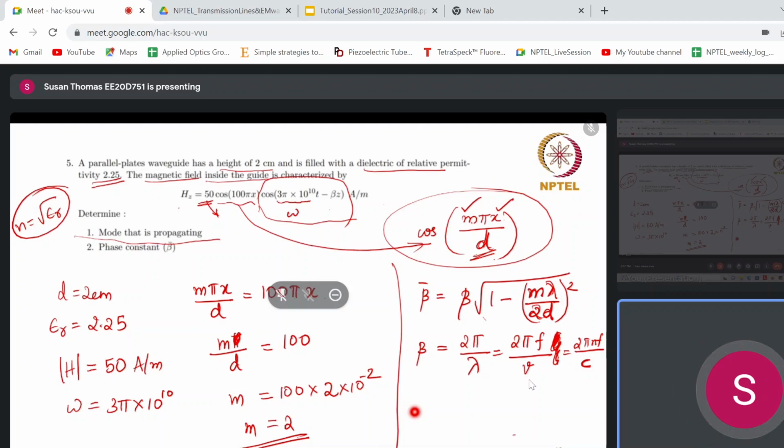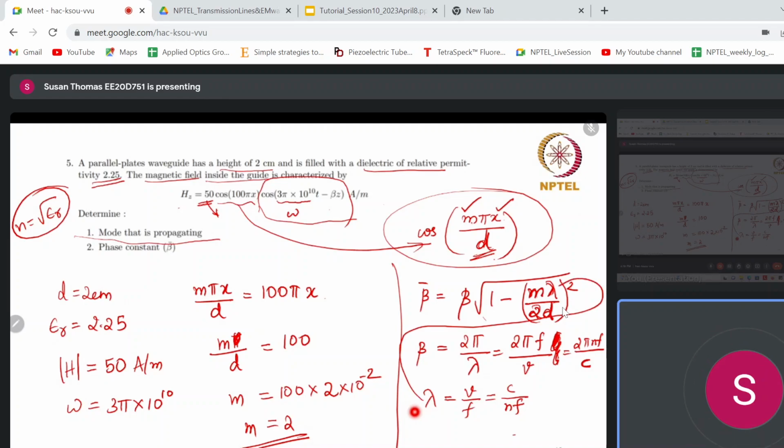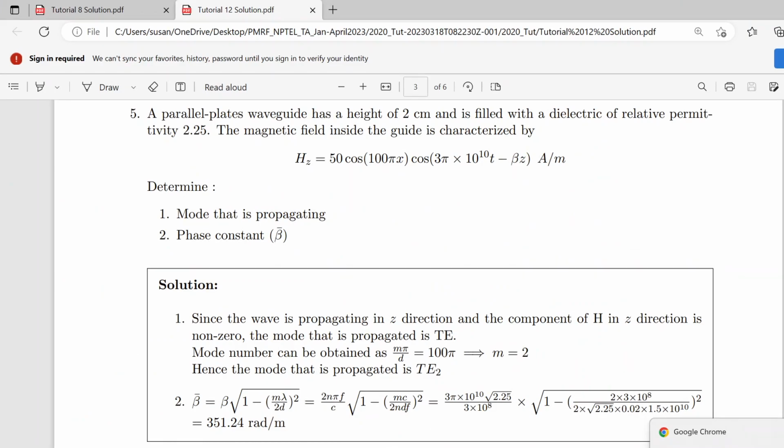Lambda is again v by f, or c by n f, and that lambda has to be substituted here also. d is 2 centimeters in the question, m is already found in the first part, that is 2, and beta is found from here. Substituting all this, you calculate and come back to beta. You must be getting the beta value as 351.24 radian per meter.